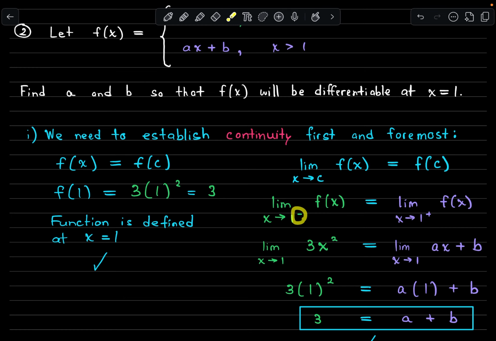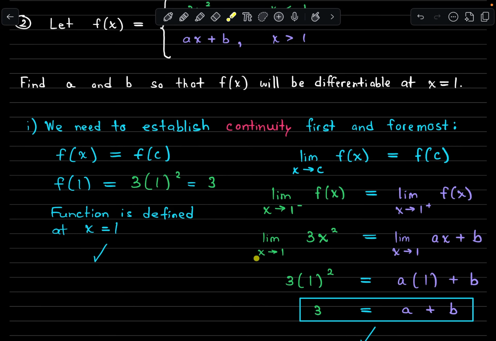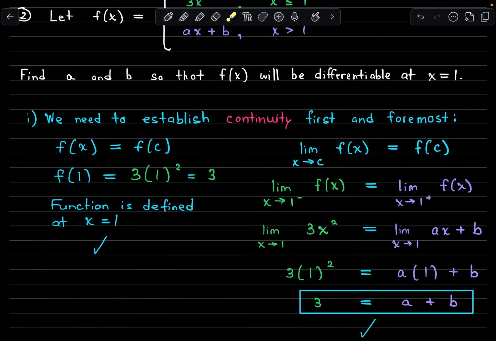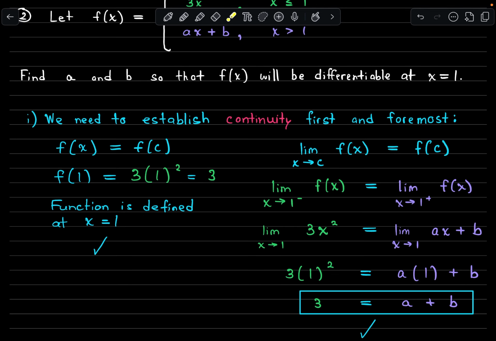We can drop the left and right, and just plug in your x value and see what you get. We get 3 times 1 squared, which is just 3. If I plug in 1 for x over here, I get a times 1 plus b, or just a plus b. So in order for these limits to meet from the left and the right, 3 has to be equal to a plus b.